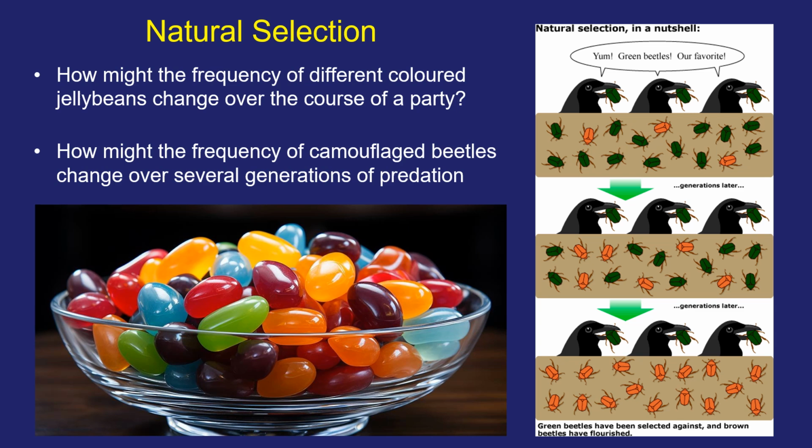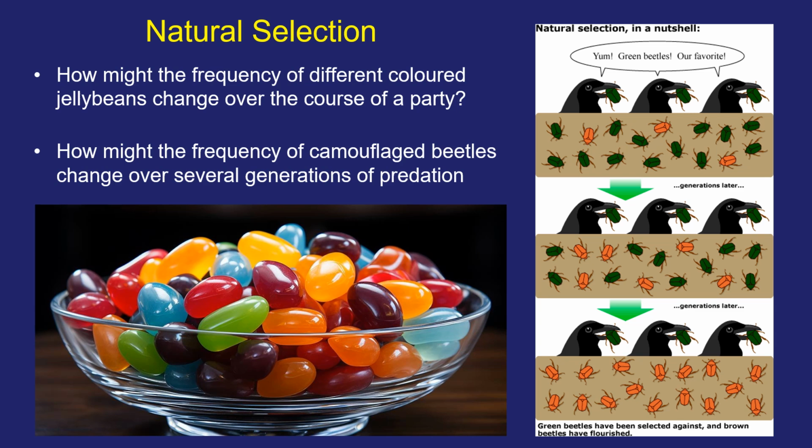So you could do a little experiment and you could figure out the phenotypic frequency for these different colors before your party, and then look at what's left in the bowl and do the same thing after the party. You would find, probably, if the research is correct, that the phenotypic frequency of the red jelly beans has dropped a lot, and you would find that the black jelly beans, not so much, unless you invited me to your party because I quite like black licorice.